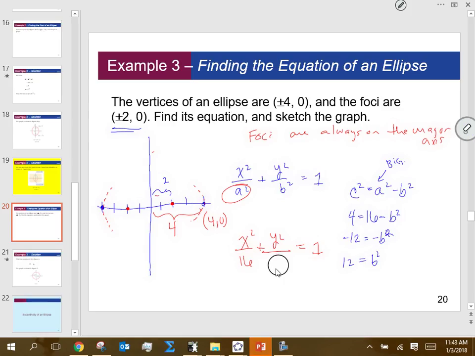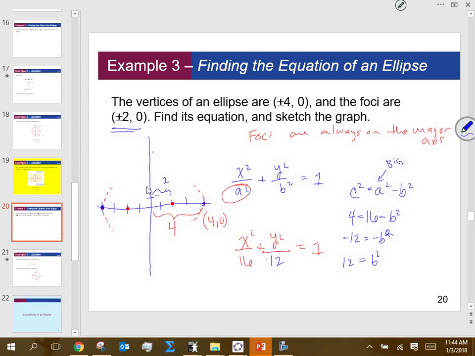So now I put 12 there, and that becomes my equation for that ellipse. Now, if I wanted to, I can take the square root of 12, which, real quick here, is 3.46.